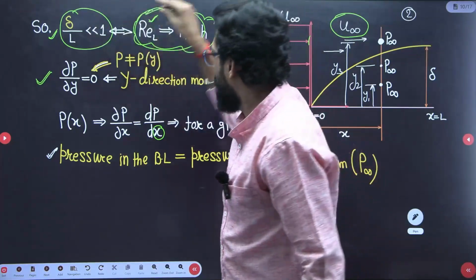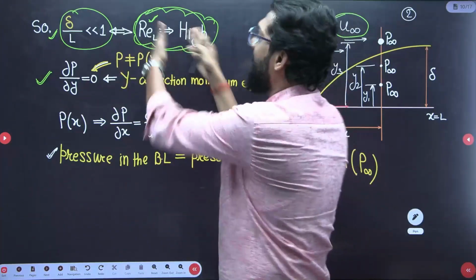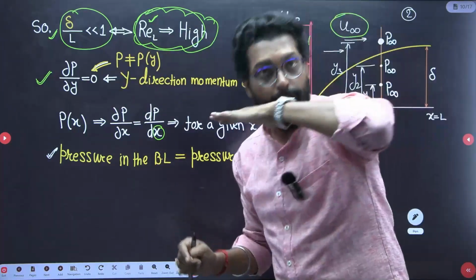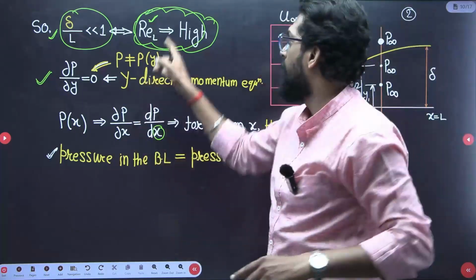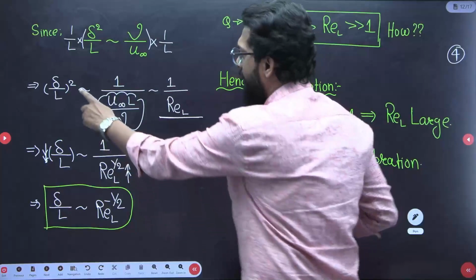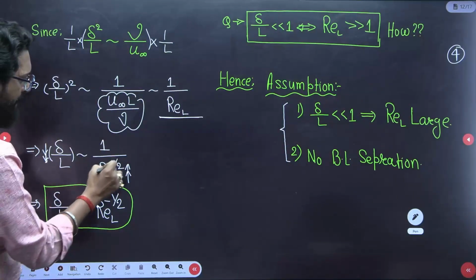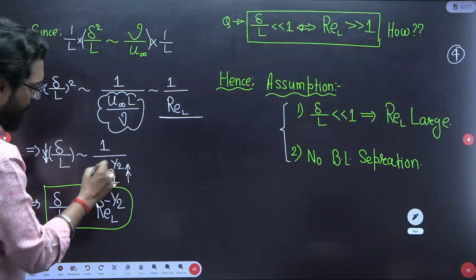So these two are the same thing. If you assume delta by L is less than 1, automatically this condition is satisfied, and the average Reynolds number is higher. See this beauty, you can prove it like that. Delta by L is 1 by the square root of the Reynolds number.